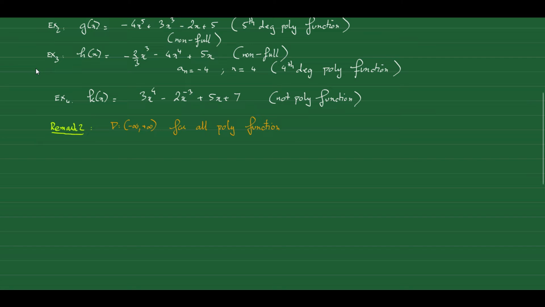So a polynomial function can be in another form, which we call the factoring form.